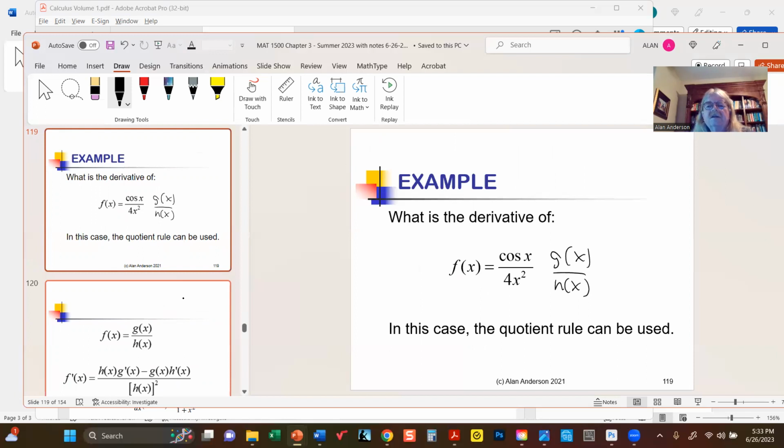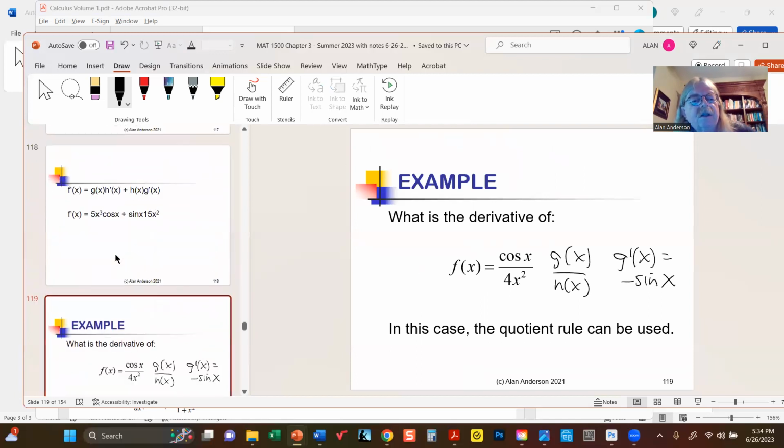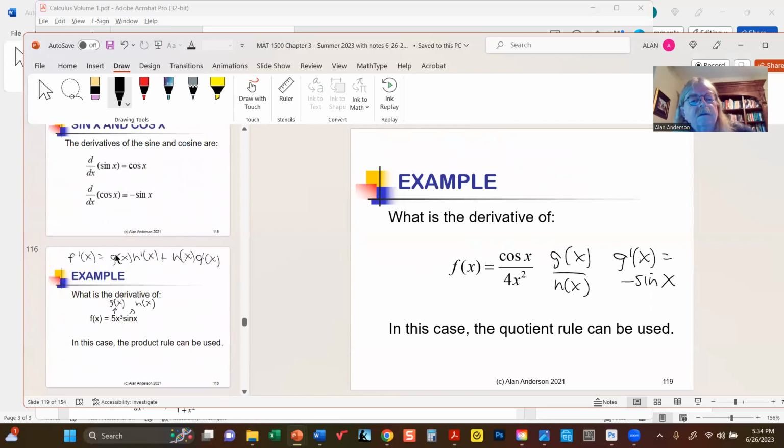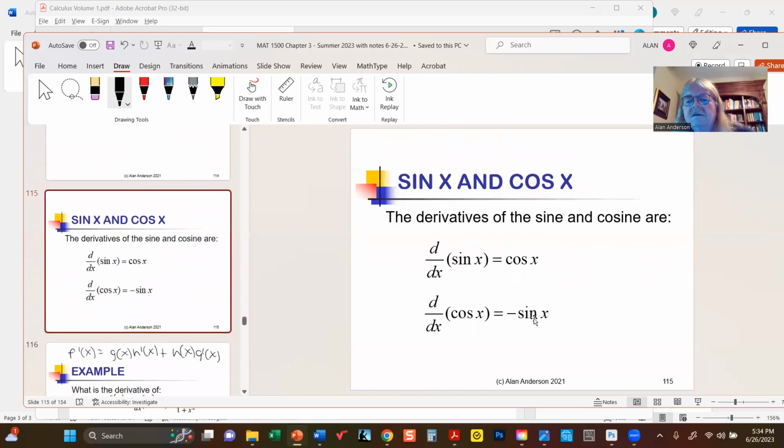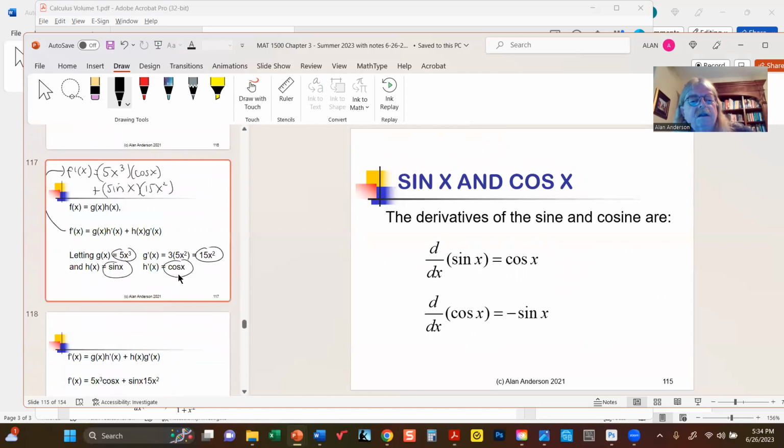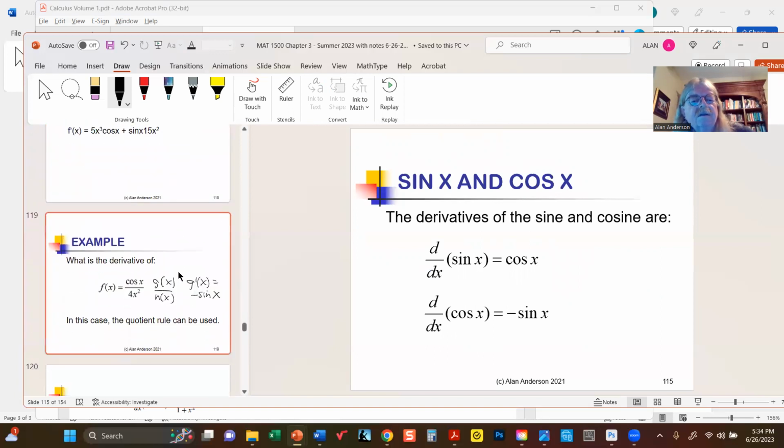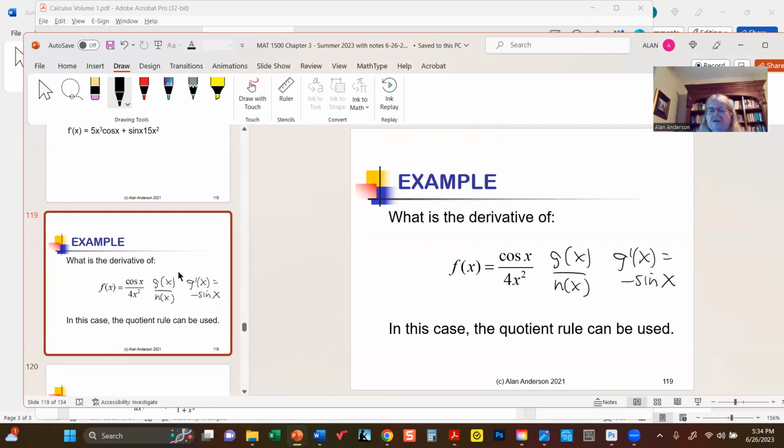So that means that g prime of x is the negative sine of x, because we just saw that a minute ago. That's right there. And that also means that h prime of x, we can calculate that with the power rule: 2 times 4 times x to the 2 minus 1, or 8x.